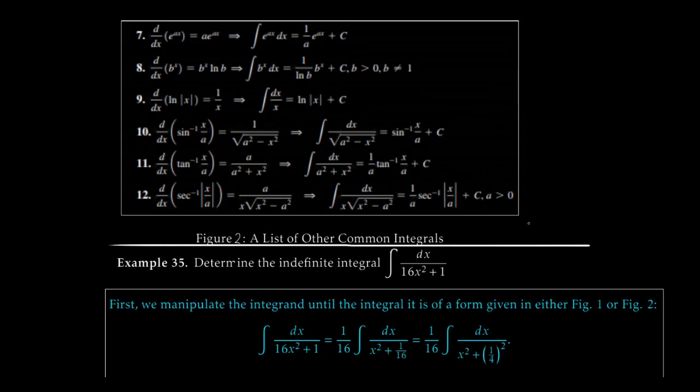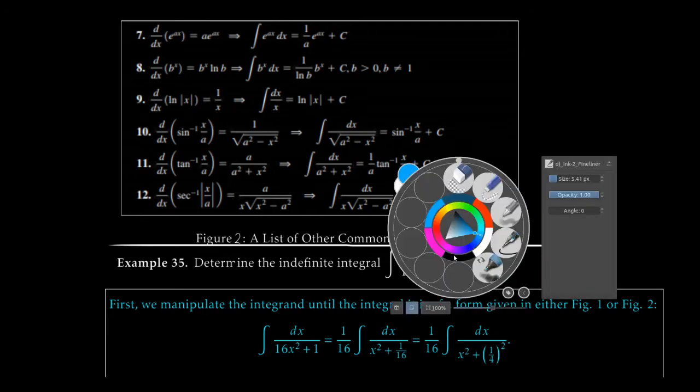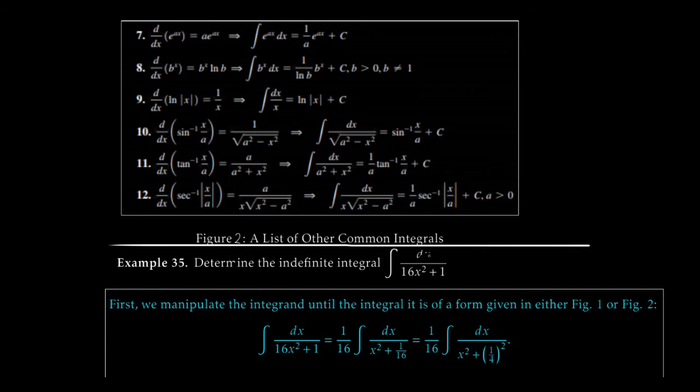Okay, example 35. Slightly more complicated. Let's have some fun with it. So here we're going to determine the indefinite integral of, and here's a slight bit of notation, dx over 16x squared plus 1. This is really exactly the same thing as if I put a 1 up there and put the dx afterwards.